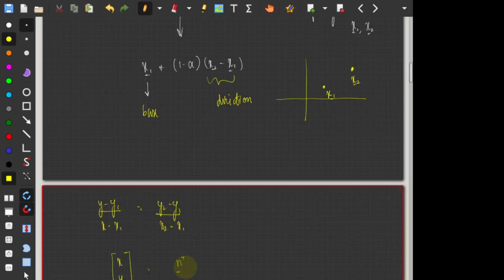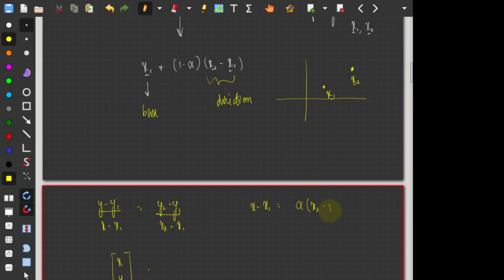Yeah. x minus x1 equal to alpha times (x2 minus x1).